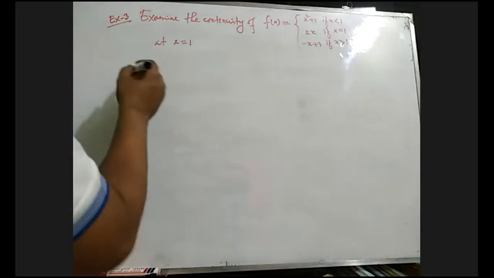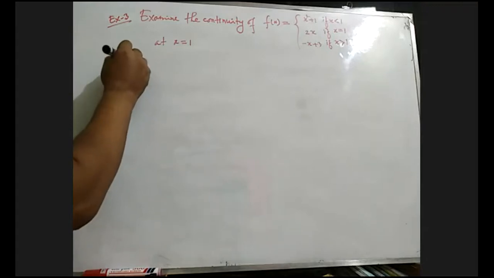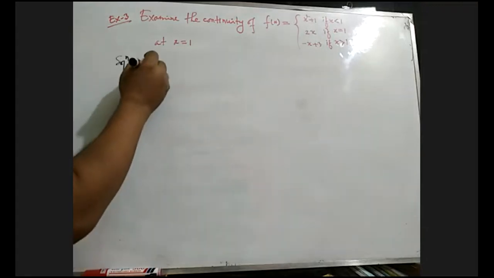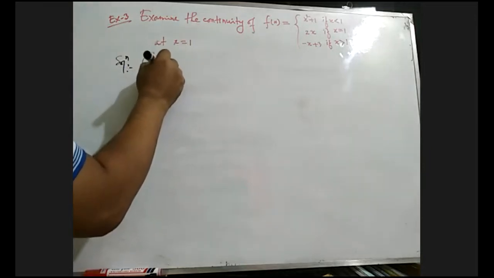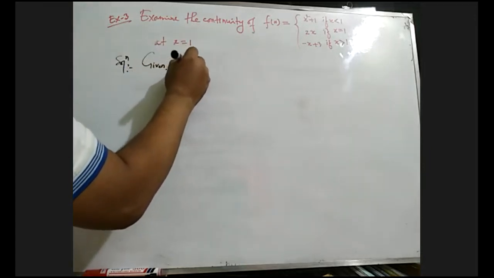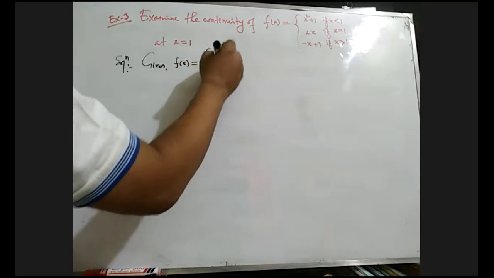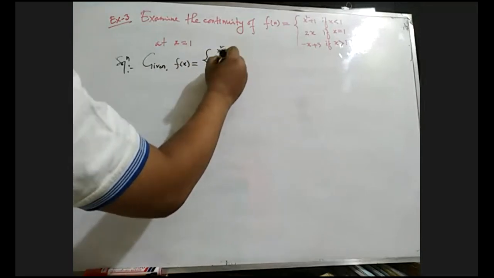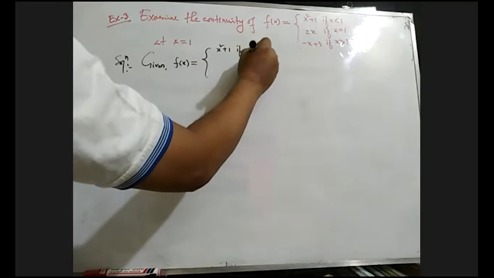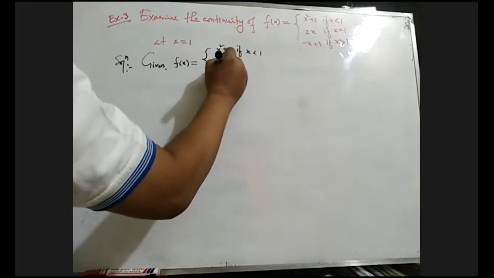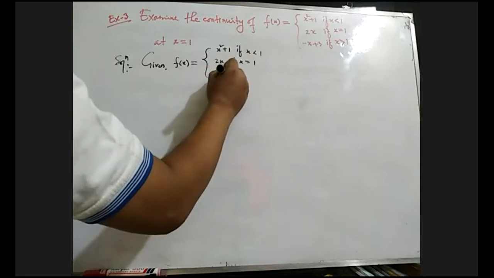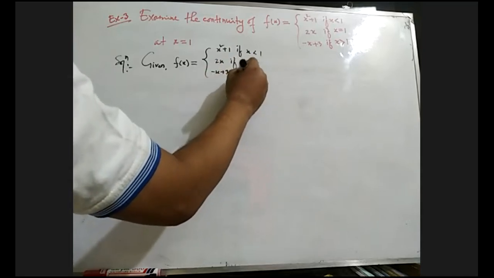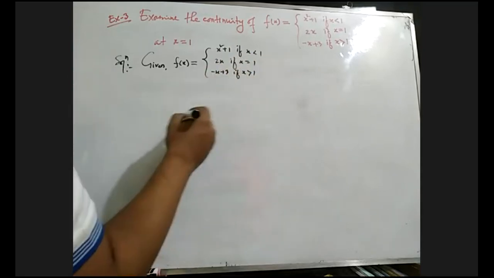So first of all, for the solution, f of x is given as x square plus 1 if x less than 1, twice x if x equals 1, and minus x plus 3 if x greater than 1.